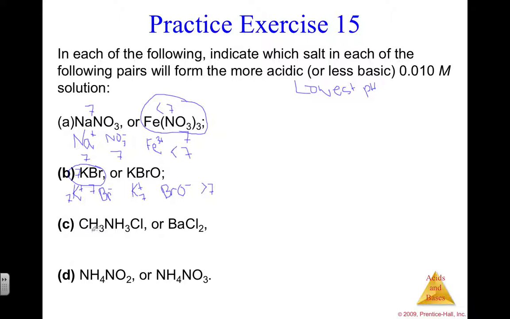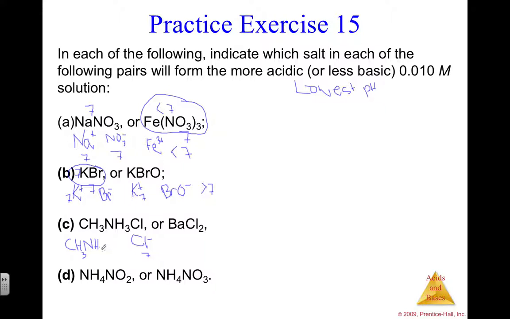Okay, over here, I have a salt. I know it's a salt because we're told it's a salt. I recognize immediately my anion Cl-, which is the conjugate base of a strong acid, so its pH is 7. That means that this entire other group of atoms is a polyatomic cation, CH3NH3.